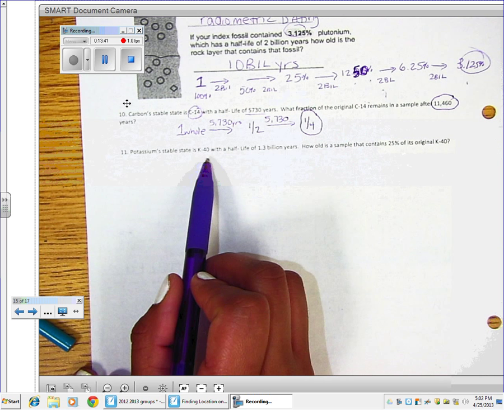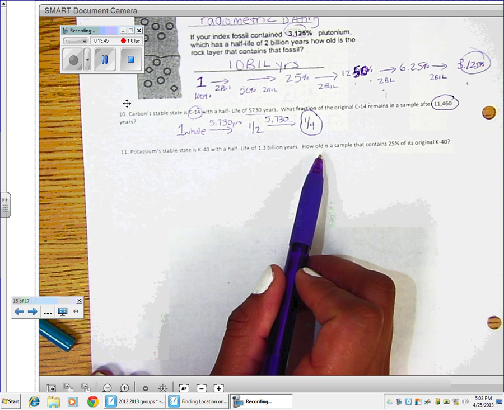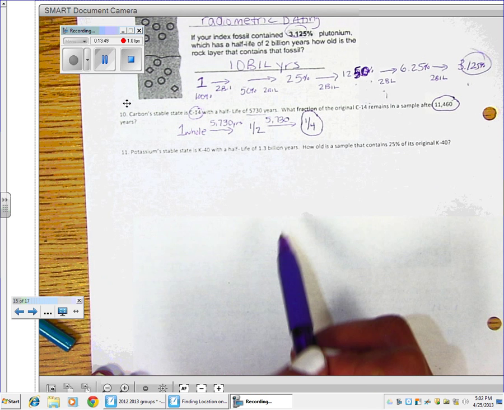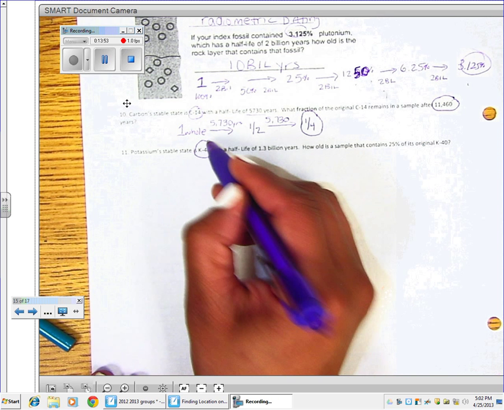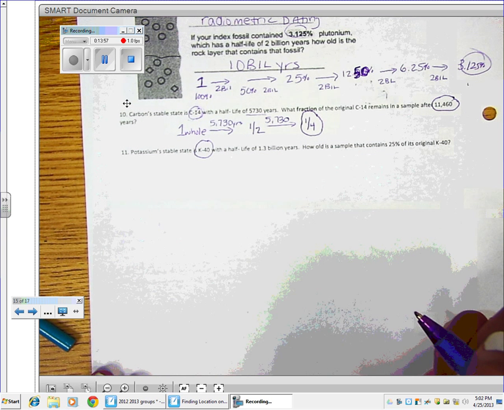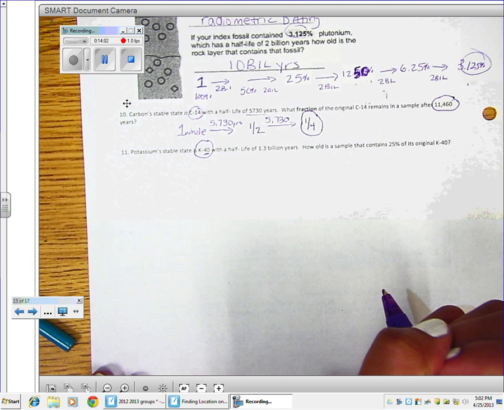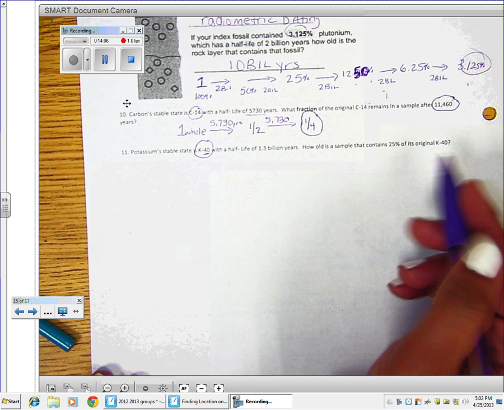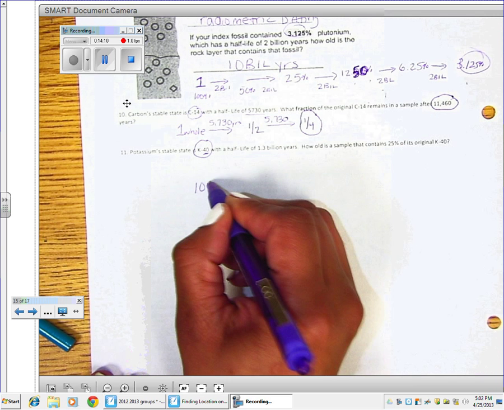Potassium's stable state is K40 with a half-life of 1.3 billion years. How old is a sample that contains 25% of the original K40? Remember, K40 is the stable state. That's the name of the potassium. We do not have to recognize the number 40. So, it says it has a half-life of 1.3 billion years. How old is the sample if it's at 25%? Well, we start off with the 100%.